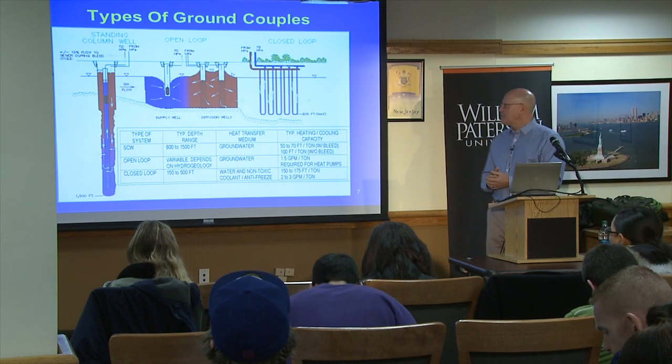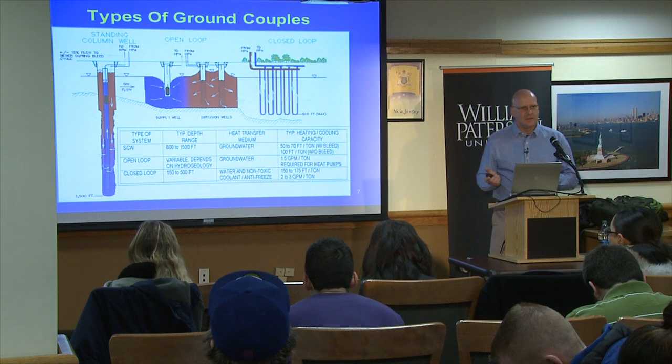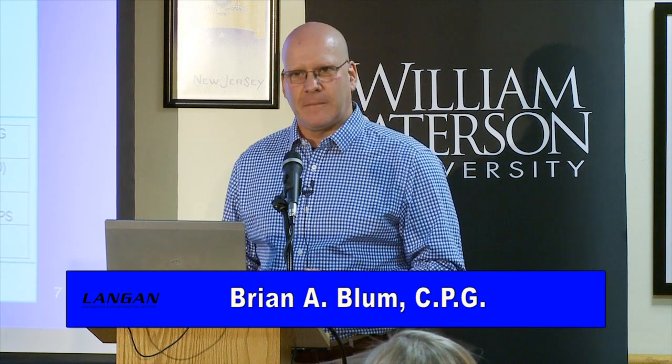So these are the most common types of earth couples, but there's many other ways to do it. These are the most common types in the Northeast, where land is a challenge. We don't have a lot of real estate. There are other systems. Cornell University has one of the most efficient heat exchange systems, and they exchange heat directly with one of the Finger Lakes of New York, Cayuga Lake.